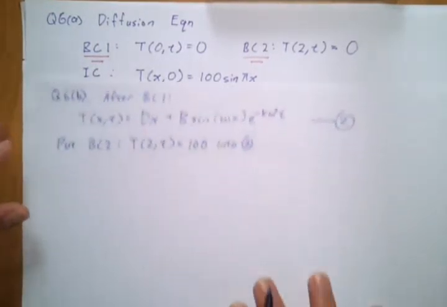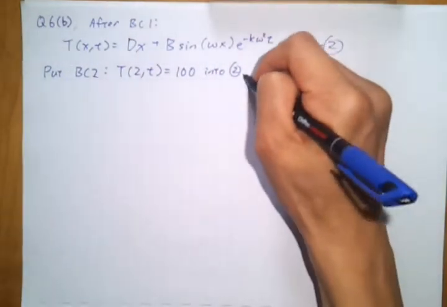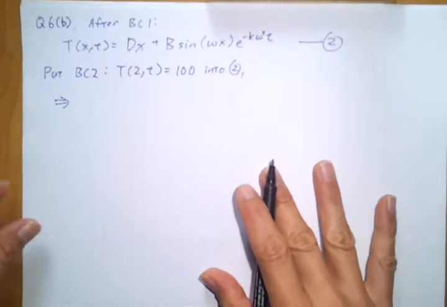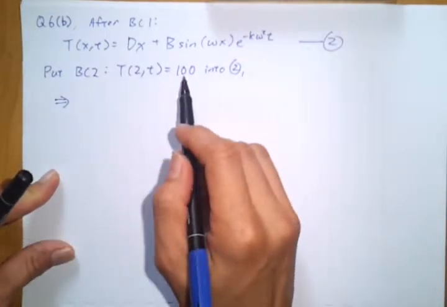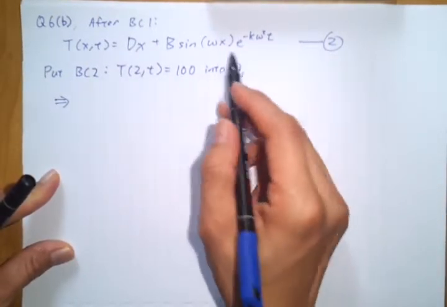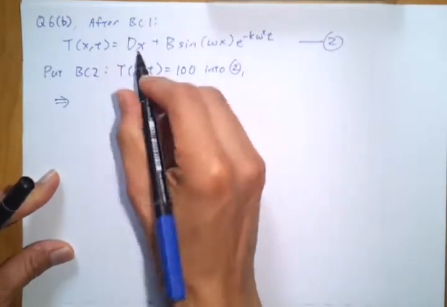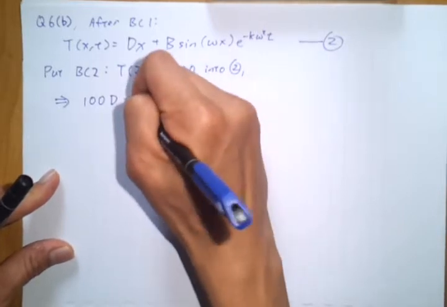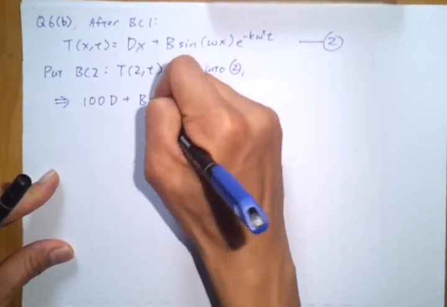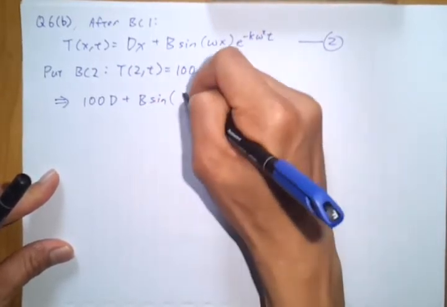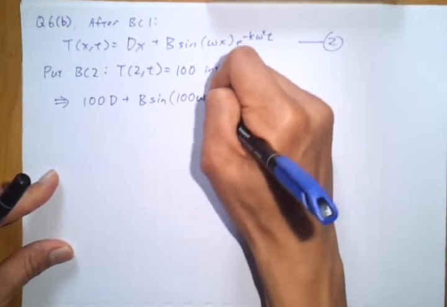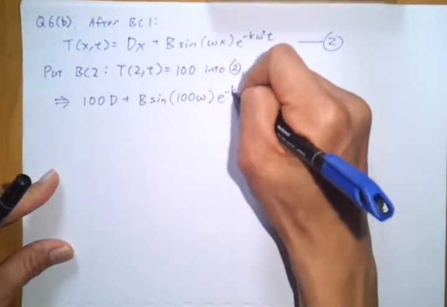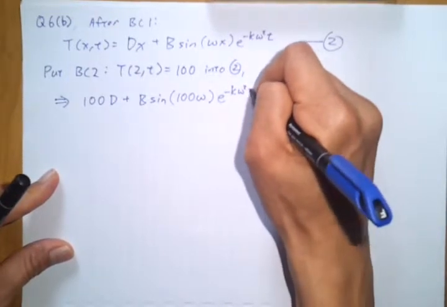Okay, and what's that give me? Okay, I put x equals 100 here. So here I have 100d plus b sine 100 omega e to the power minus k omega squared t.